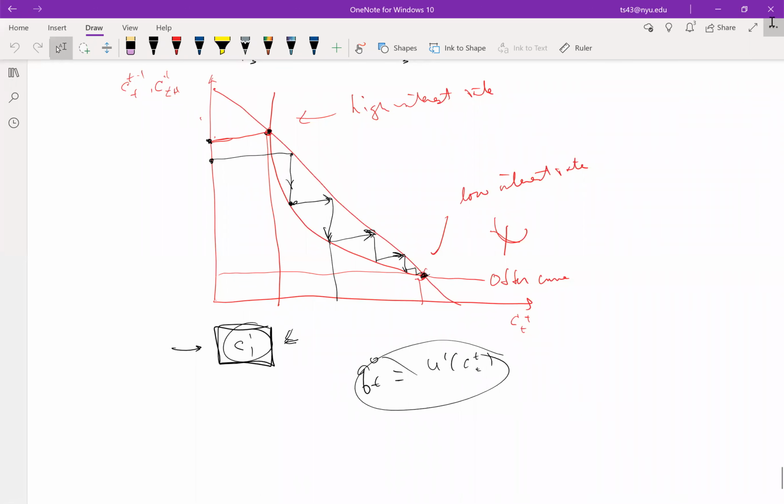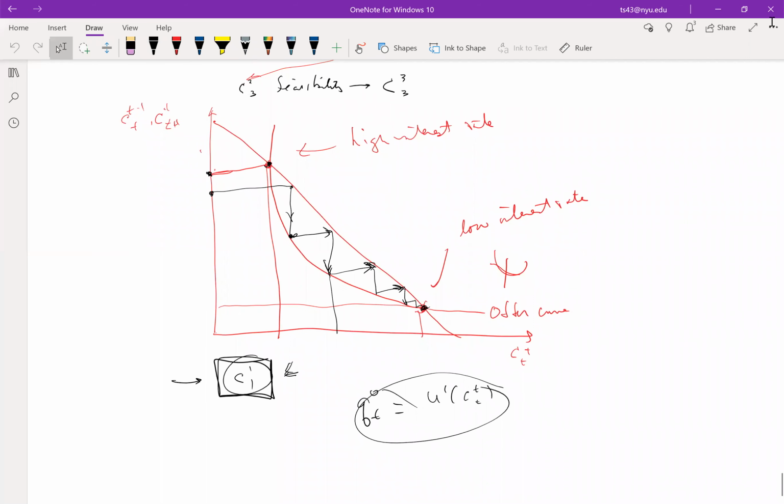Okay, we're going to continue talking about Samuelson's overlapping generations model and the Gale diagram that we had last time. And the way this worked, we have this feasibility frontier.